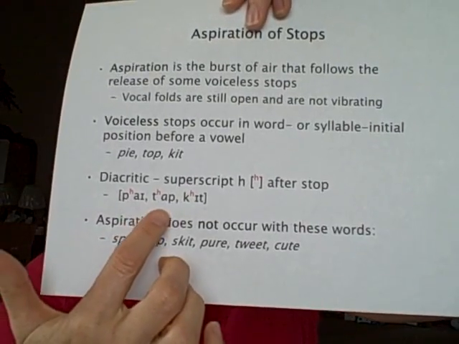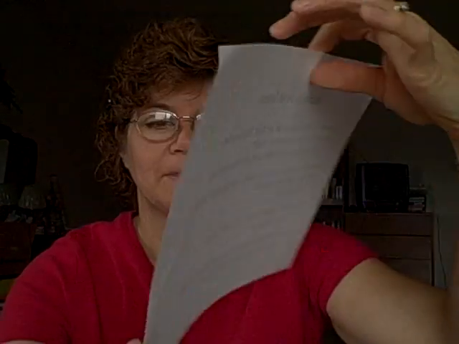Pie, top, kit. The aspiration does not occur with these words: spy, stop, skit, pure, tweet, and cute. You actually don't have the aspiration, you don't have the air right afterwards. Pie. If you put your hand in front of your mouth, pie, you can actually feel that air, and that's when you use the diacritic mark h.